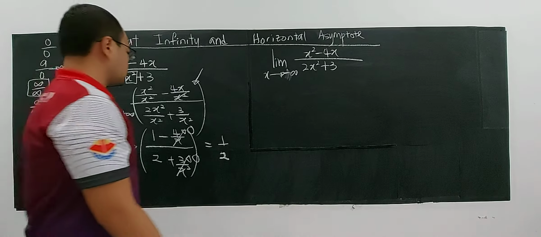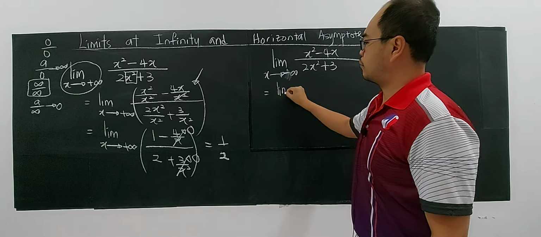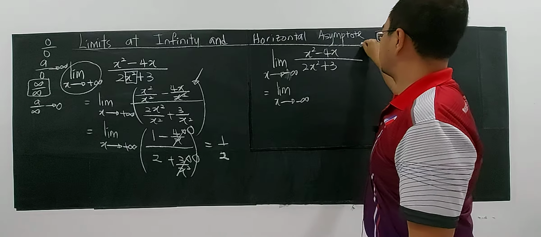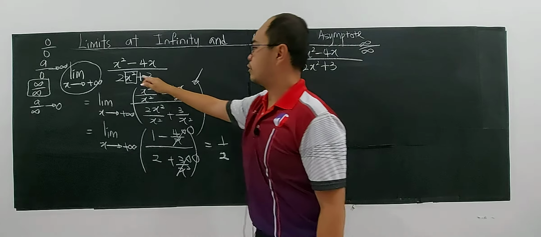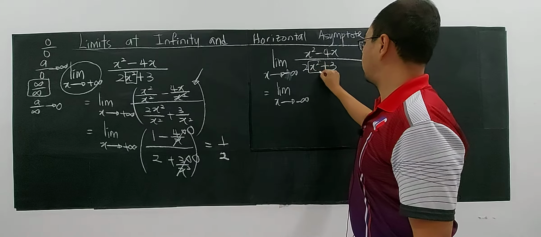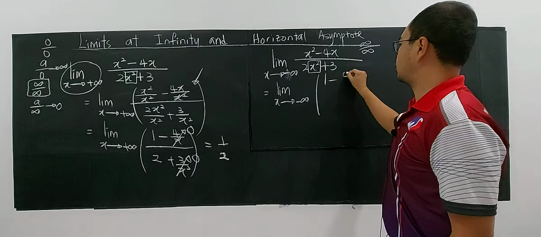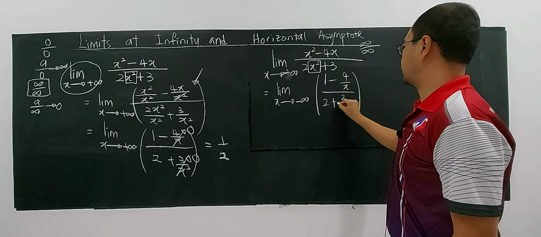Now we go for negative infinity. The technique is still the same. It is still a case of infinity over infinity, just with negative infinity here. You still divide by the highest power from the denominator, getting 1 minus 4 over x over 2 plus 3 over x squared.